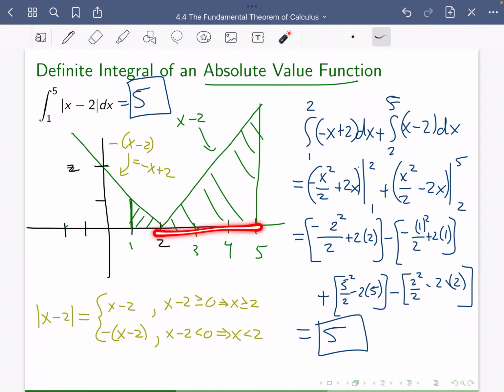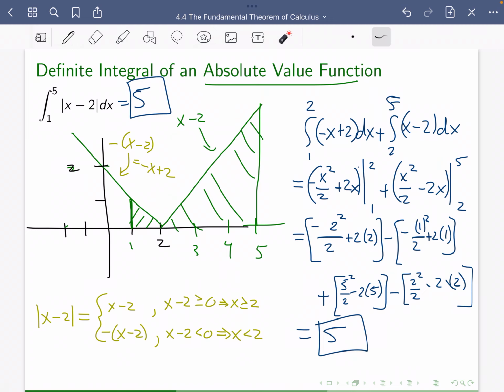The base of this other triangle is length 3, and the height, when you plug in 5, is also 3. And so the area of this triangle is 1/2 times 3 times 3, which is 9/2. So we have 9/2 plus 1/2 gives us 10/2, or the 5. So that's another way we could do that one.